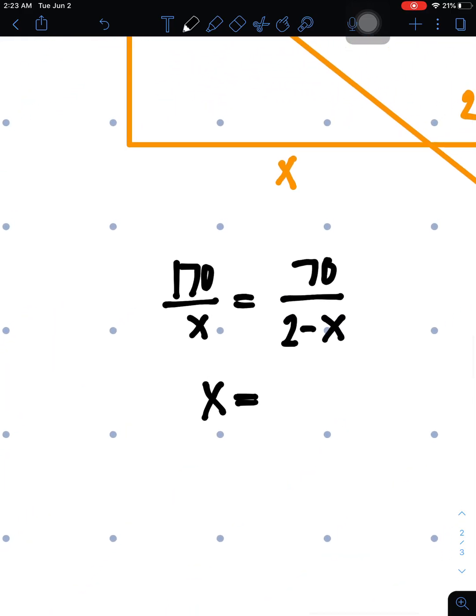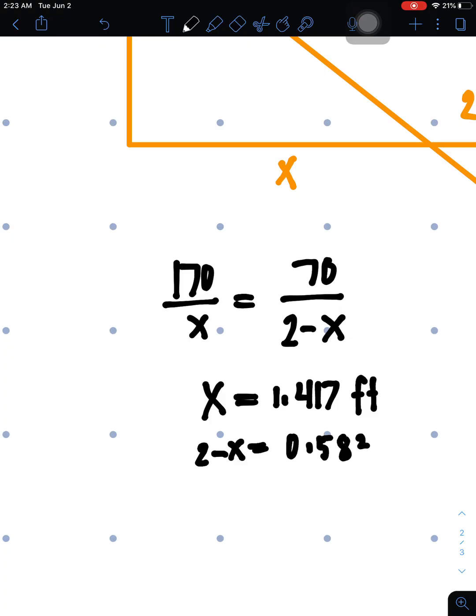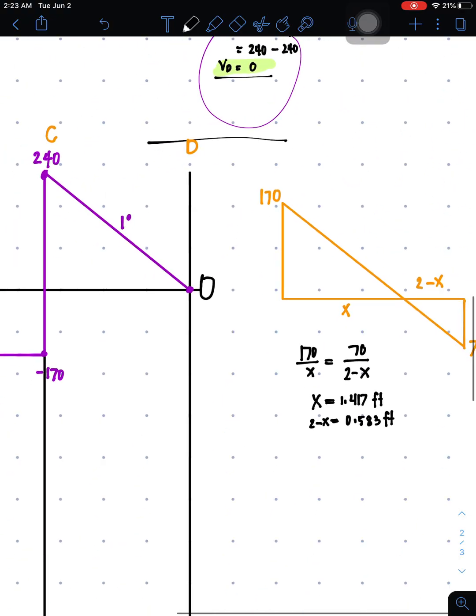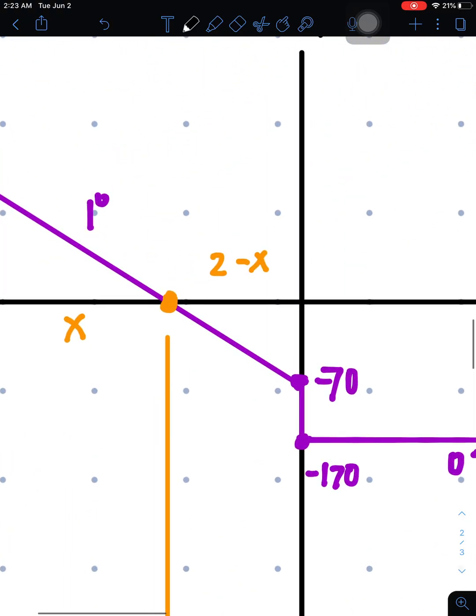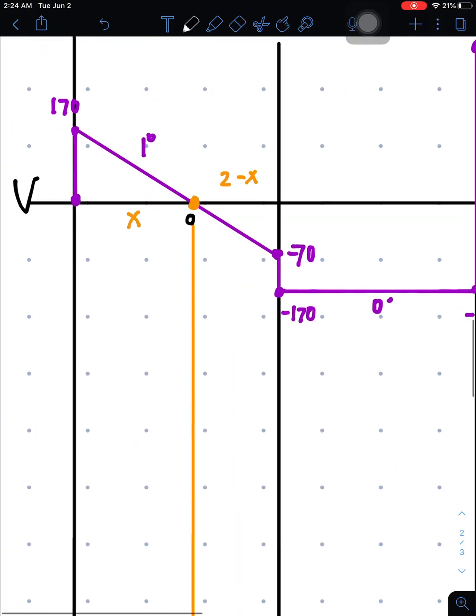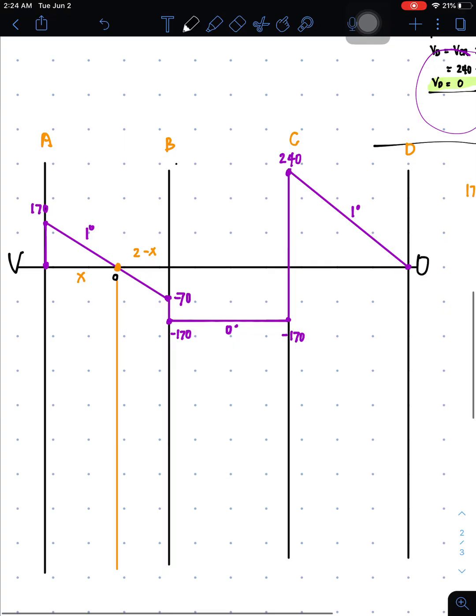We have 1.417 feet, and the value of our 2 minus x, so that's 2 minus 1.417, that's 0.583 feet. Okay, so now I'm going to let this point be called point O.